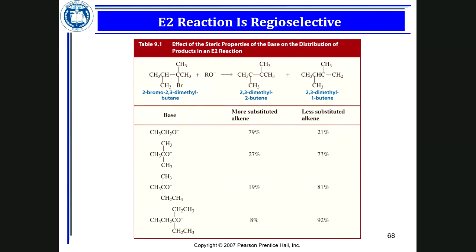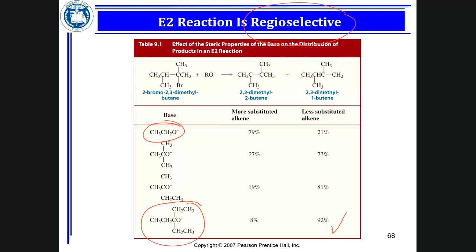In E2 reactions, you will get the more substituted alkene as a product. So it depends on the nature of the base. If you use a very bulky base, then you have to go with the less substituted.